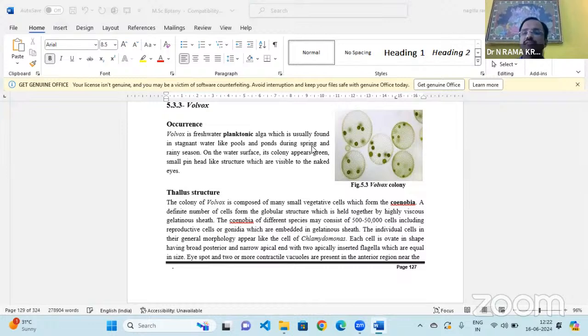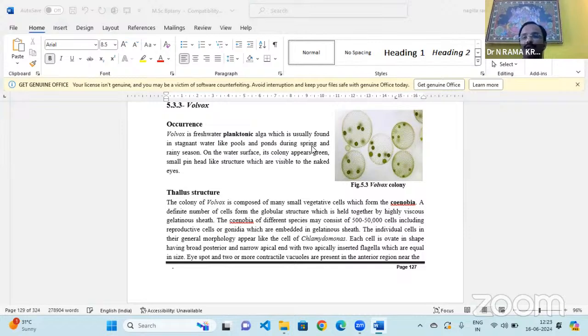The division of Volvox is Chlorophyta, subdivision Chlorophyceae, order Volvocales, family Volvocaceae, and genus Volvox. So Volvox is a freshwater alga, and the genus represents the most elaborate development here.